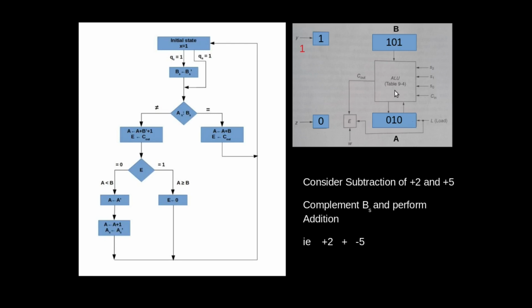Okay, for that purpose we can use our ALU. Inside this ALU we will use the 2's complement arithmetic. So for that subtract operation we have to give a 0101 code.